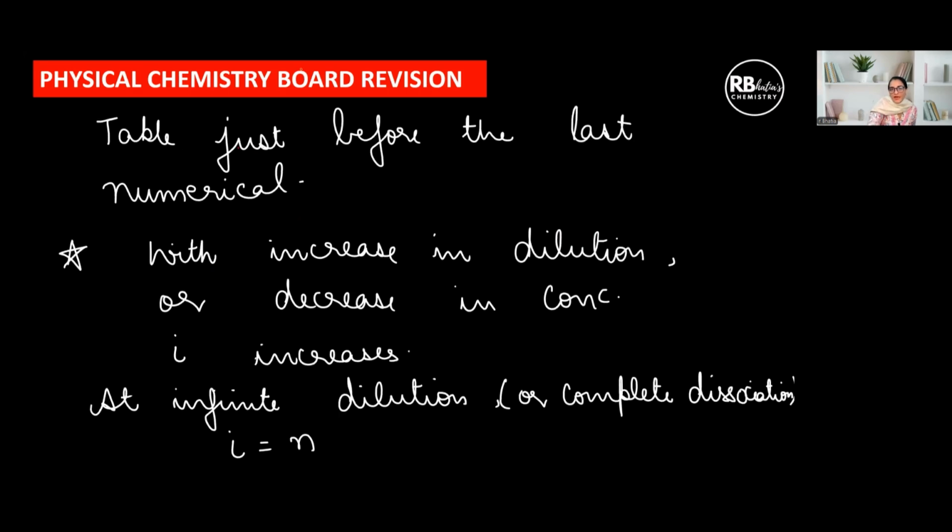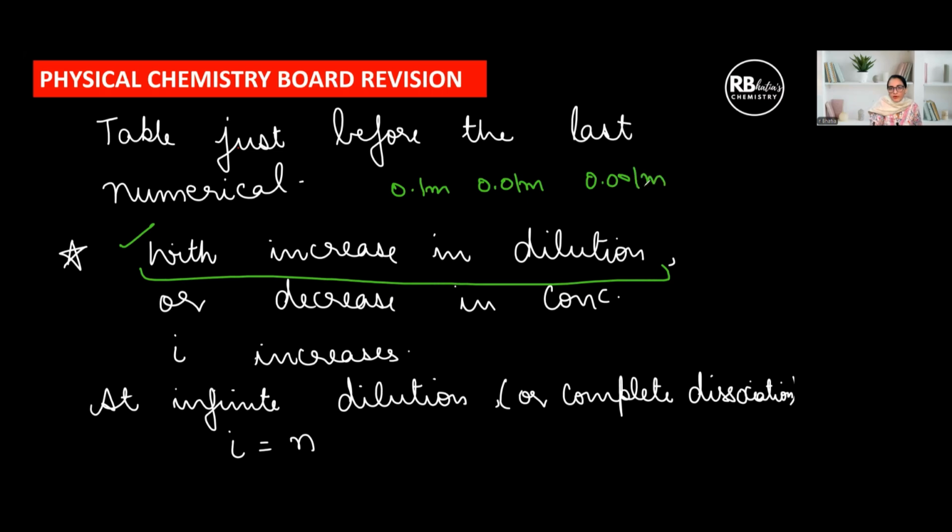Table just before the last numerical, children, just before the last numerical of osmotic pressure and Van 't Hoff factor, there's one table given. So the conclusion of that table can be asked in the form of a multiple choice question if they choose to give you some indirect questions. So what is the gist of that table? With increase in dilution, you'll see there's 0.1 molar, then 0.01 molar and 0.001 molar, 3 columns made, right?